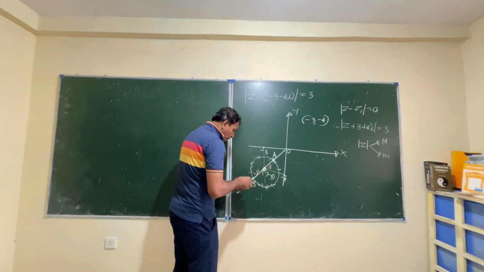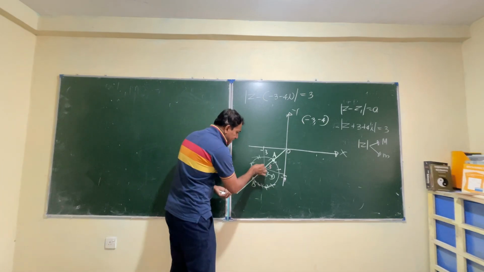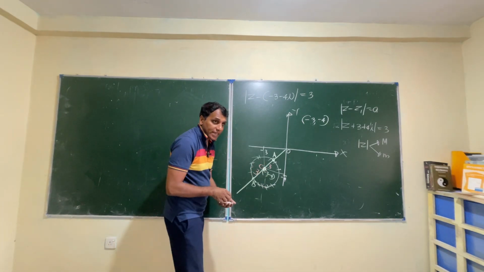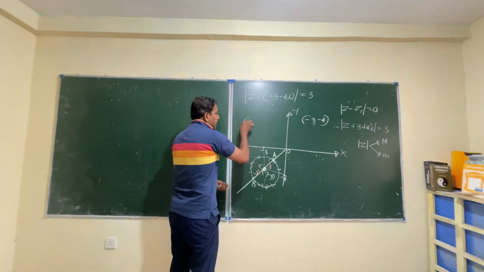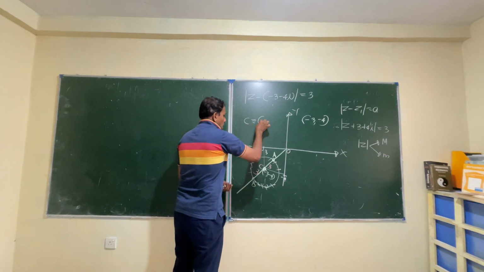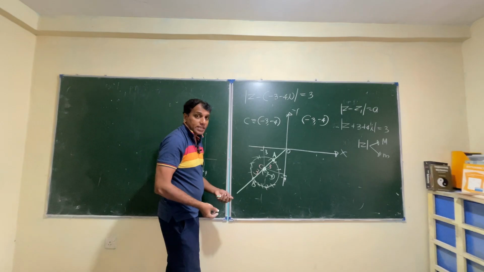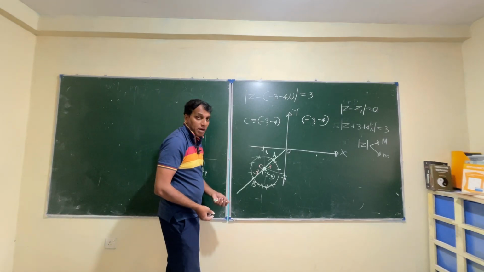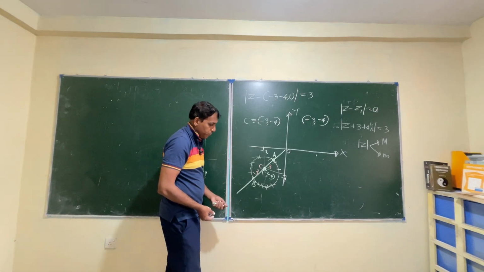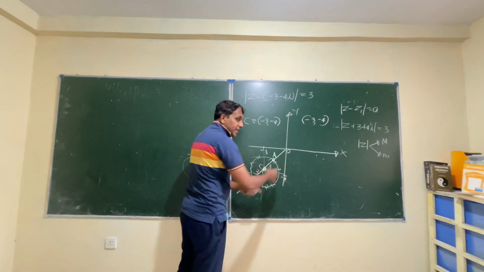Therefore, the radius is 3. I need to find the center. Can I mark the center C? The coordinates of C are minus 3 comma minus 4. So what is the OC distance?